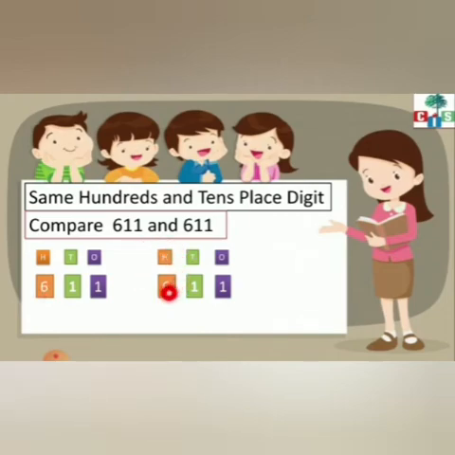Here also it is 6. Now I will look at the tens. Here it is 1 and here also it is 1. Now look at the ones. Here it is 1 and here also 1. So hundreds, tens, ones in both the numbers are the same. When it is the same, we will use the sign equal to, because hundreds, tens, ones in both the numbers are the same. Now let's move to the next slide.